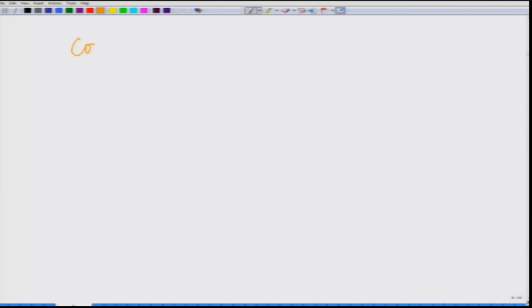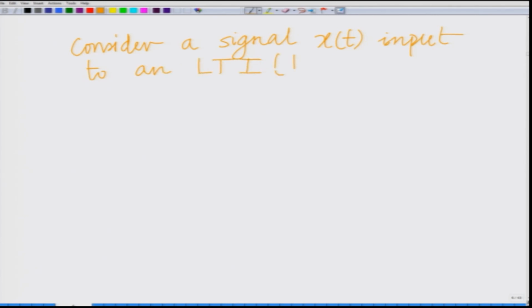So, let us continue our discussion on linear time invariant systems and what happens when a signal x(t) is input to a linear time invariant system. So, consider a signal x(t) input to an LTI, that is your linear time invariant system.